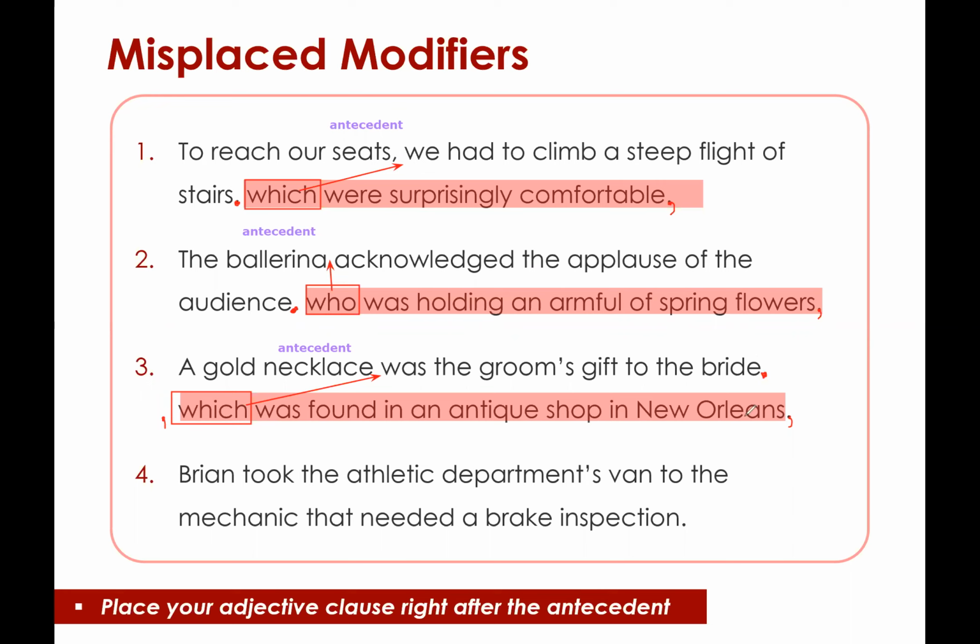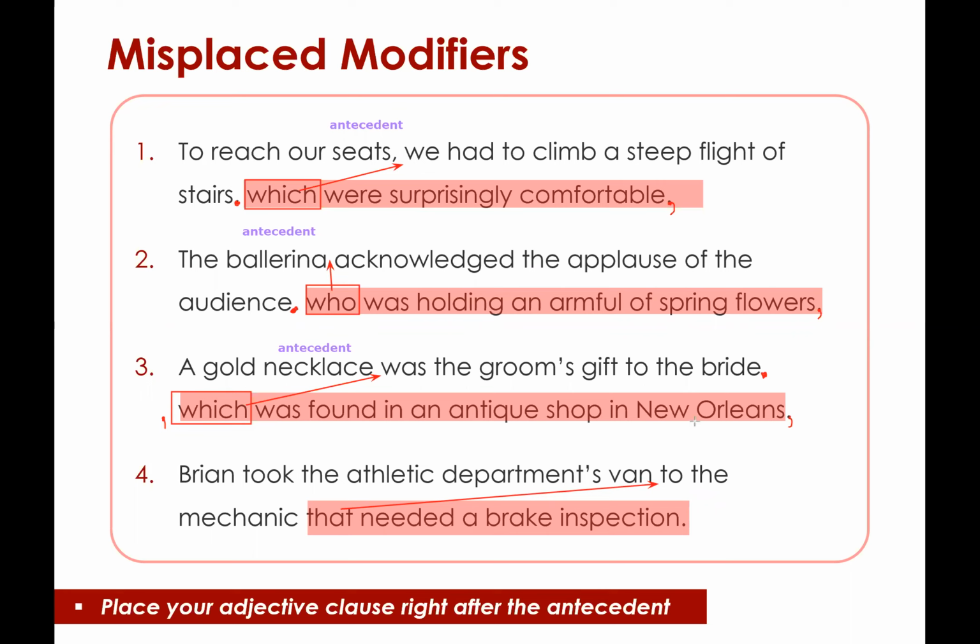Okay. And number 4, Brian took the athletic department's van to the mechanic that needed a brake inspection. So what would need a brake inspection? Obviously not the mechanic, not the person, right? So it's actually the van. And since this is an essential adjective clause, there is no need to add a comma.